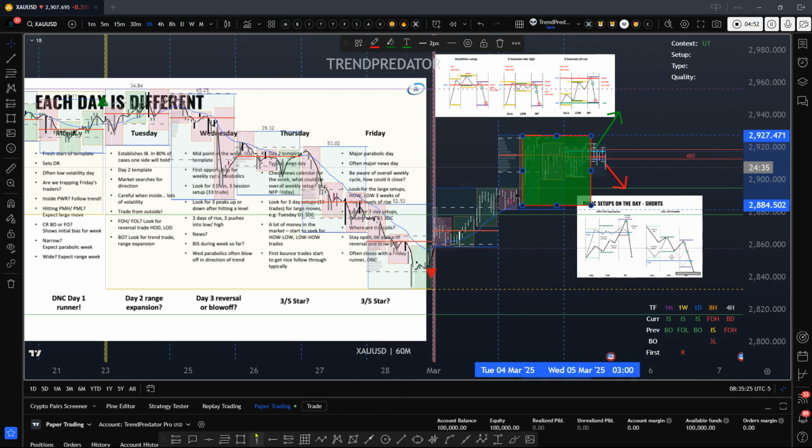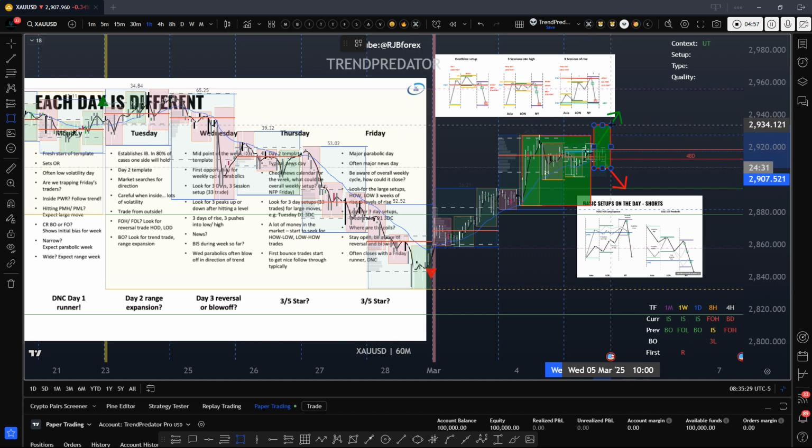And this here, let's, for instance, say London rallies and makes a high. And it does that before 9 a.m. because that will be the start of the New York session. And then we go back.